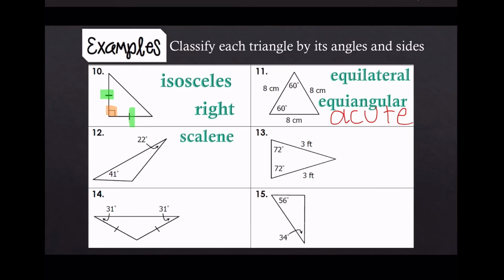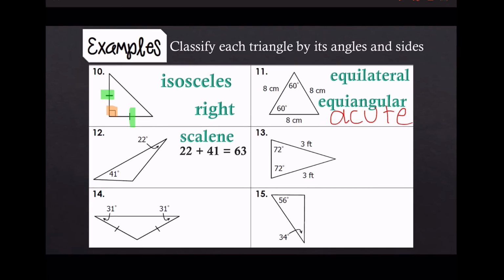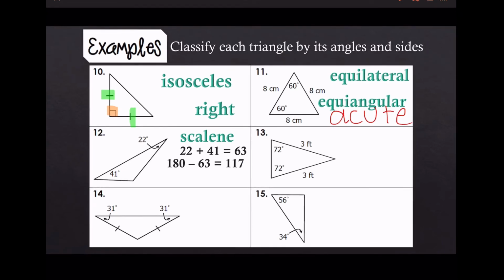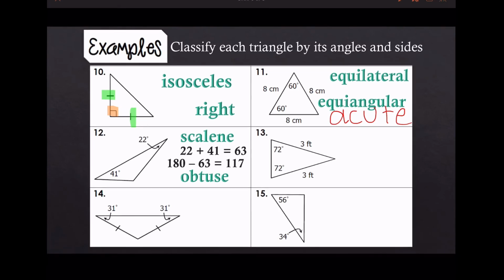But now I need to determine if that third angle is obtuse, acute, or right. So I would add my 2 angles and get 63. I then subtract that from 180 and get 117. So that means that missing angle is in fact obtuse, which means it is an obtuse triangle.